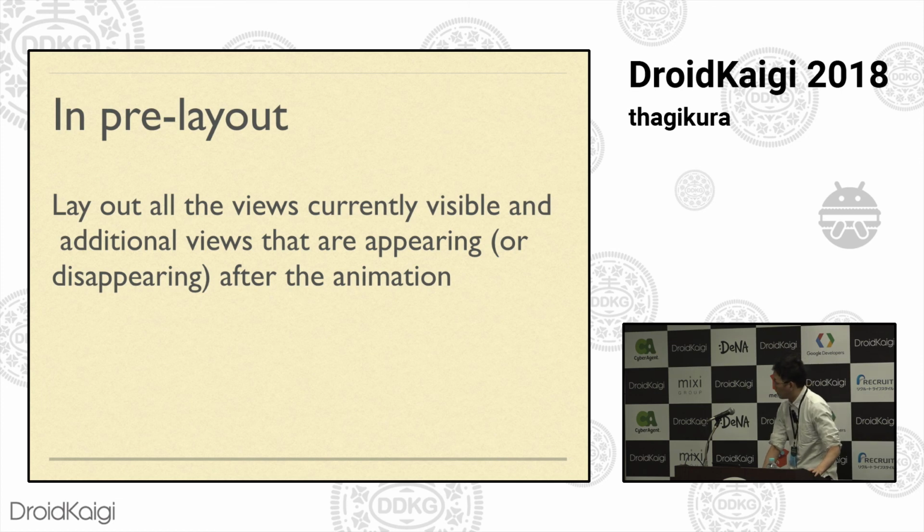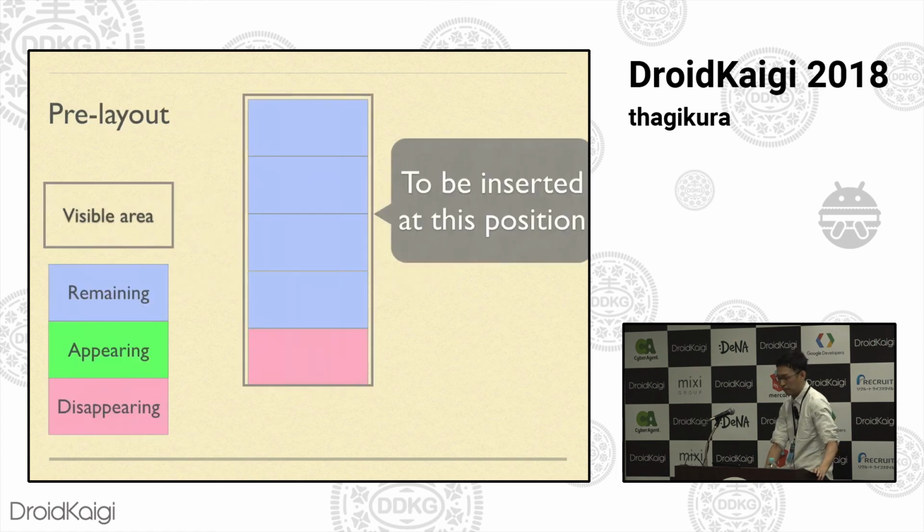But let's take a closer look at how it works visually. Suppose you have a layout that looks like this, and you are going to insert a new view at the middle of the visible portion. Then after the insertion, the view marked as red is going to disappear.